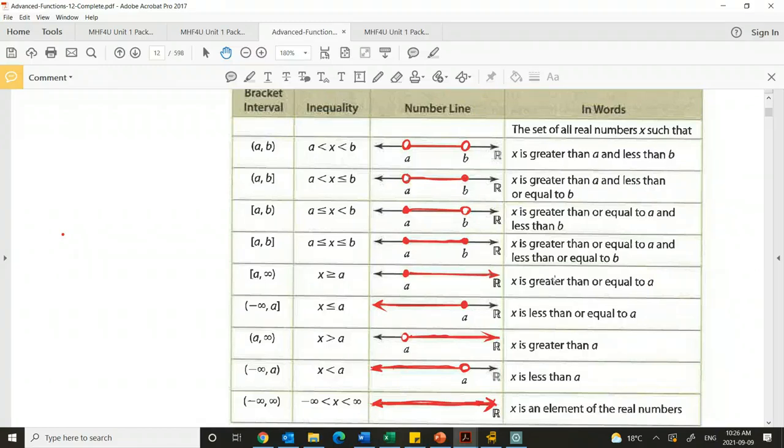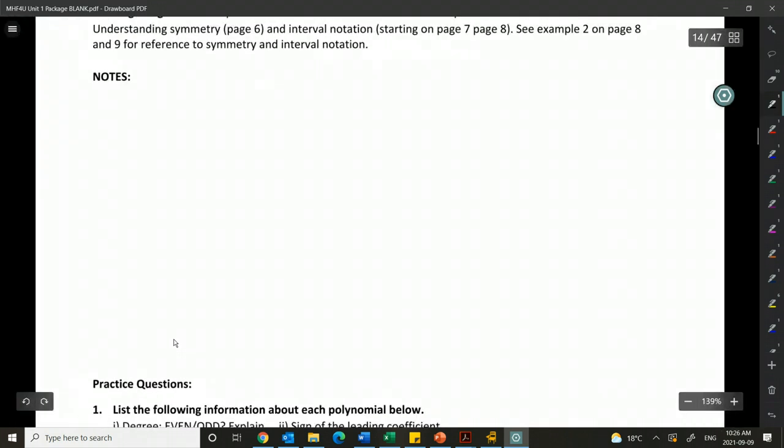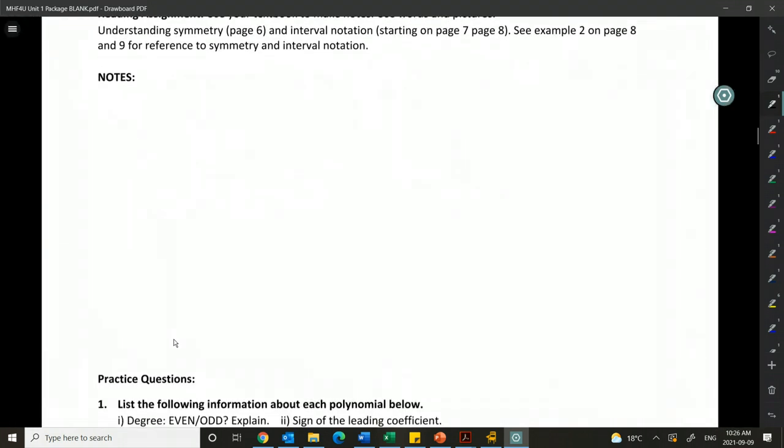Okay, so that's a lot of info, right? Let's summarize this and just write ourselves a quick note for interval notation here. Okay, if you don't have room on your worksheet to do this, find an extra paper that you can add this to.